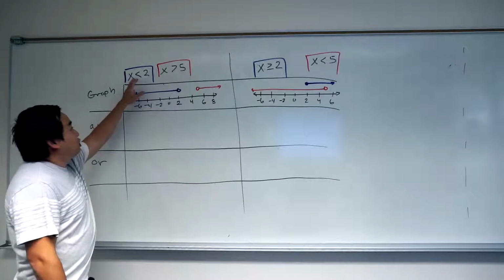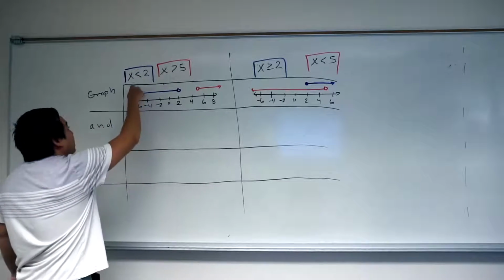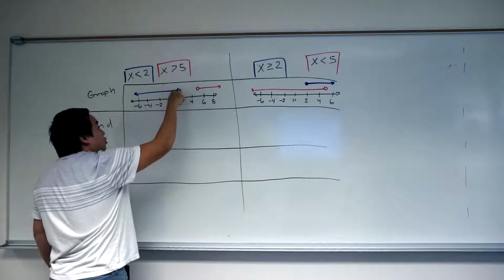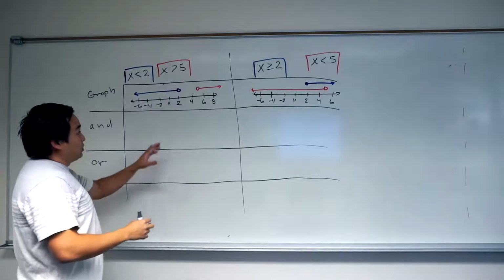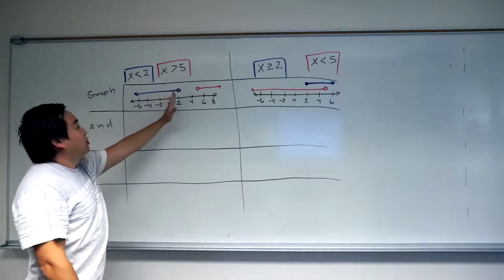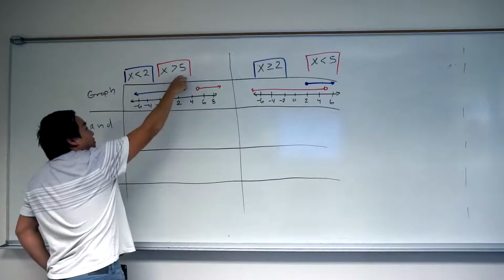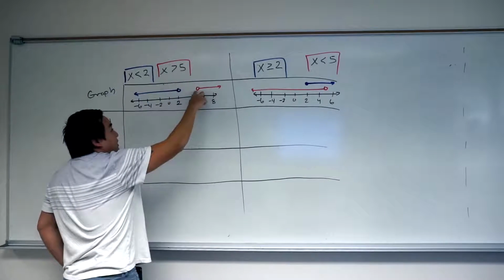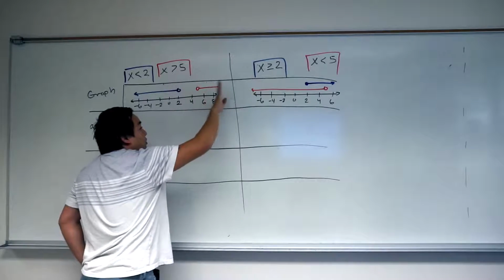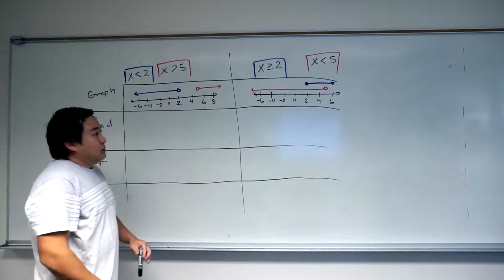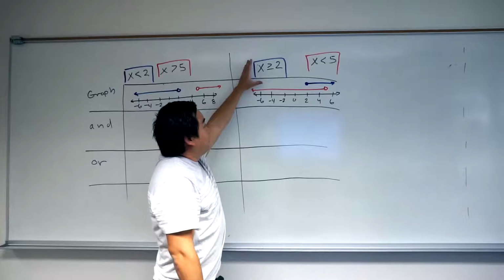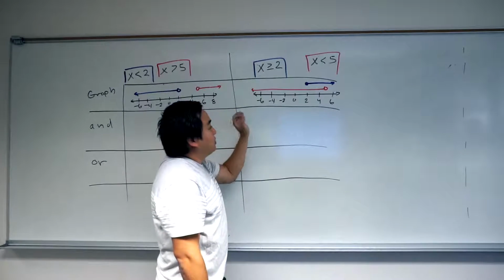The x values which are below 2, but not equal to it, are going to have an open circle, and then the numbers which are smaller, so to the left of 2. The numbers x which are greater than 5, or above 5, is again an open circle, and the parts that are above 5. Now, similarly with this graph, the x values are above or equal to 2.